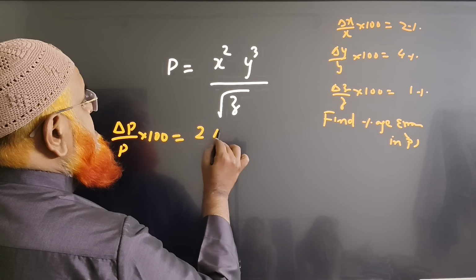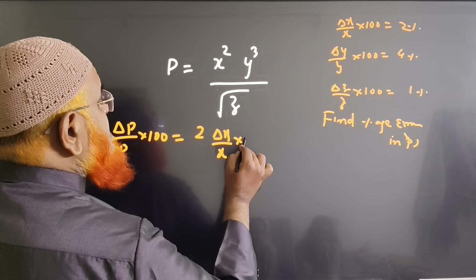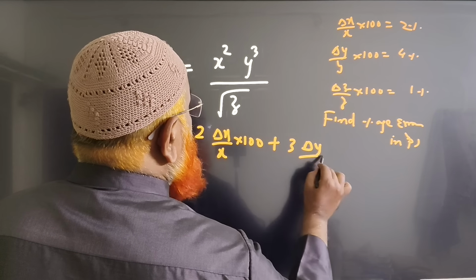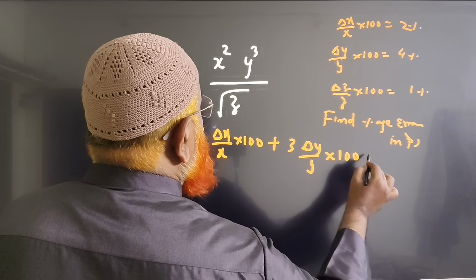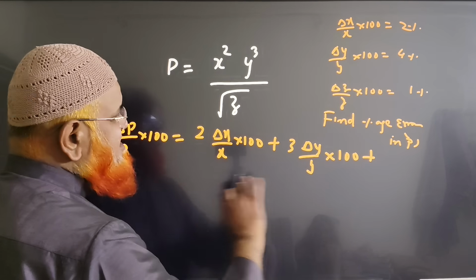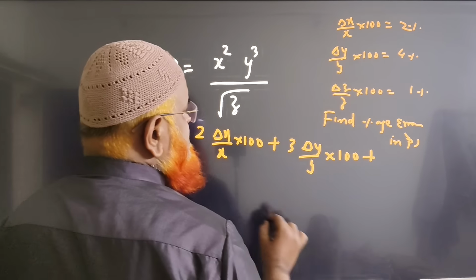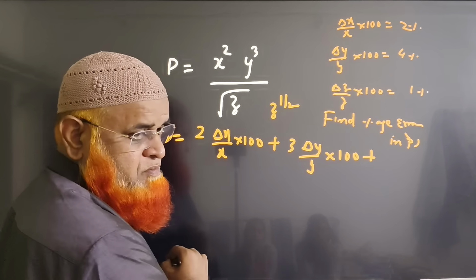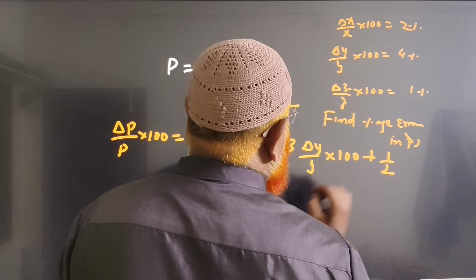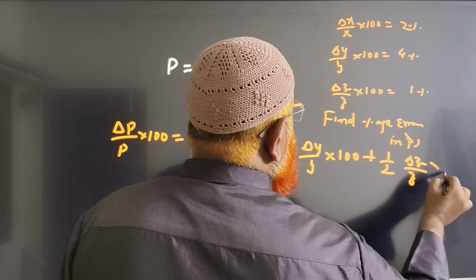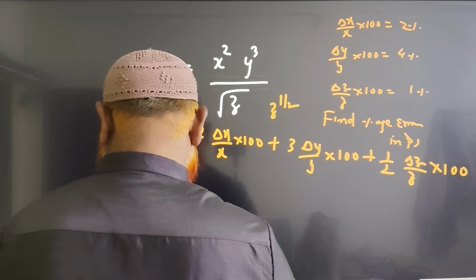So power delta x by x into 100 plus power delta y by y into 100 plus, either it is division or multiplication, you have to just add them, that's it. So what is this root z means? Is it not z power of 1 by 2? So it is going to be half delta z by z into 100. Okay.